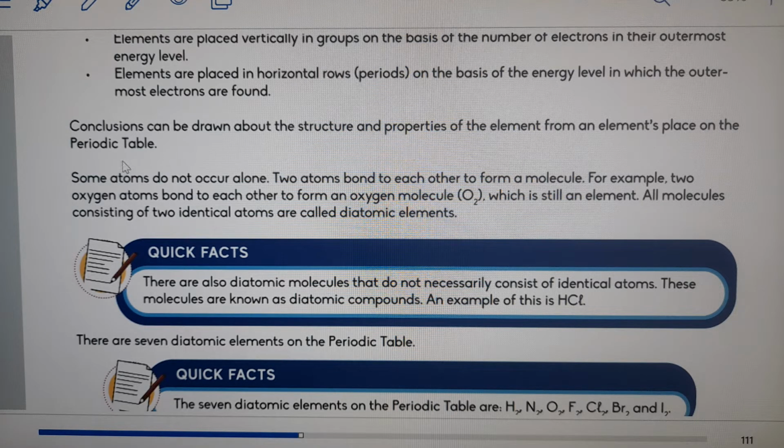Based on that, conclusions can be drawn about the structure and properties of the element from an element's place on the periodic table. Some atoms do not occur alone. Two atoms can bond together to form a molecule.